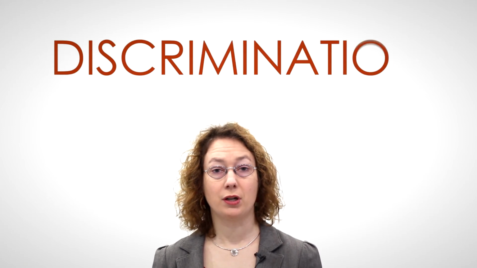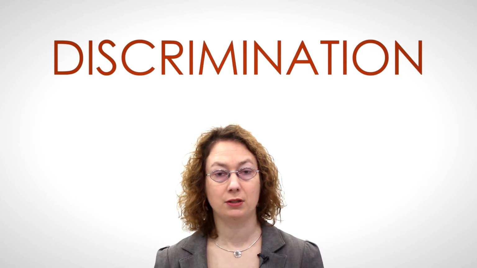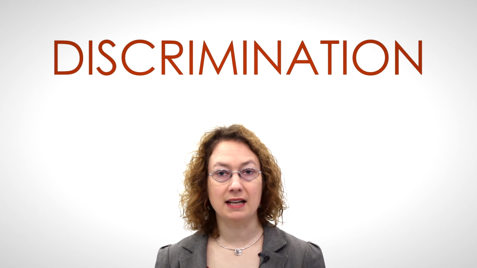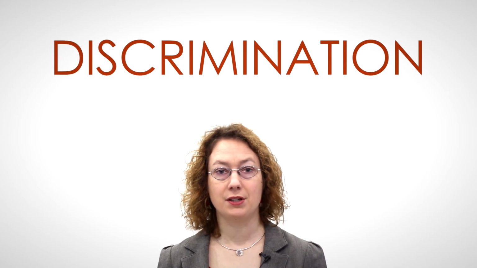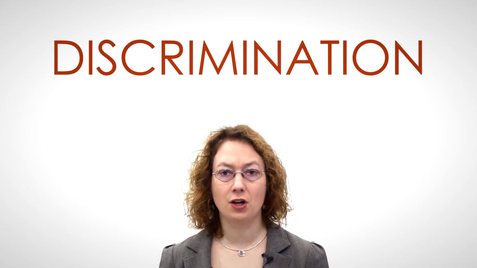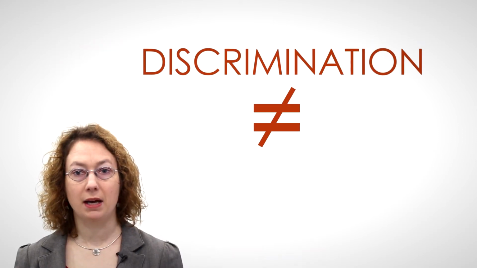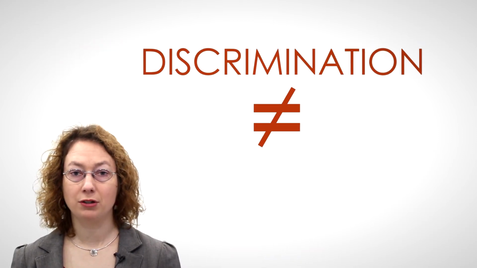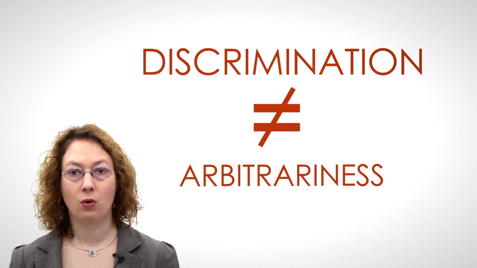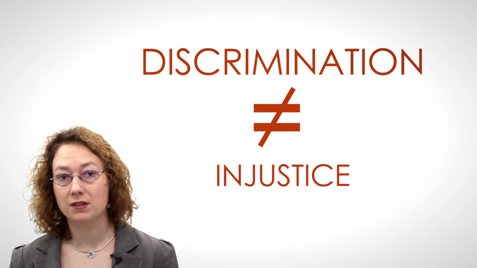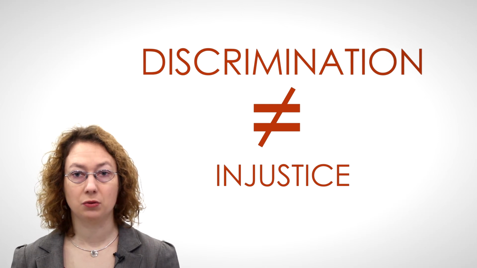All of them have in common that a member of one group of society who can be distinguished due to one of the characteristics mentioned in the prohibited grounds is treated less favorably in comparison with a member of a group that does not have this characteristic. If this comparison cannot be made, one might be in front of a case of arbitrariness or illegality or injustice, but not a case of discrimination.